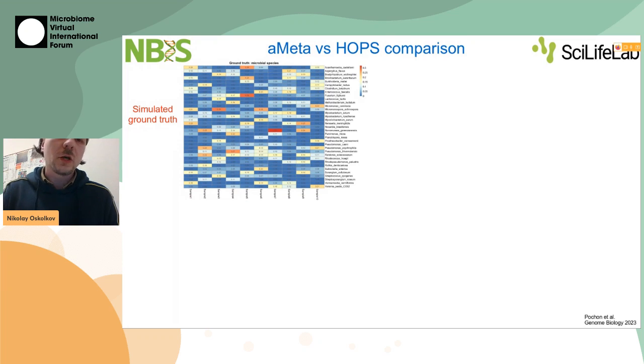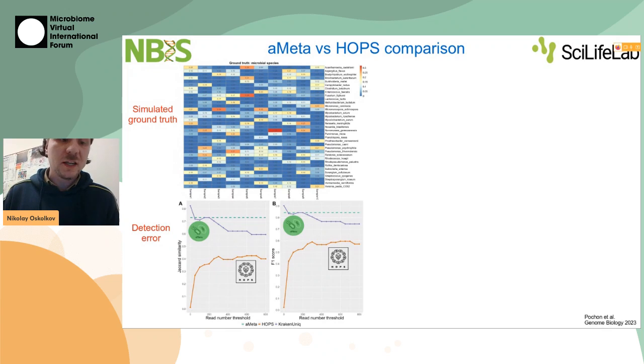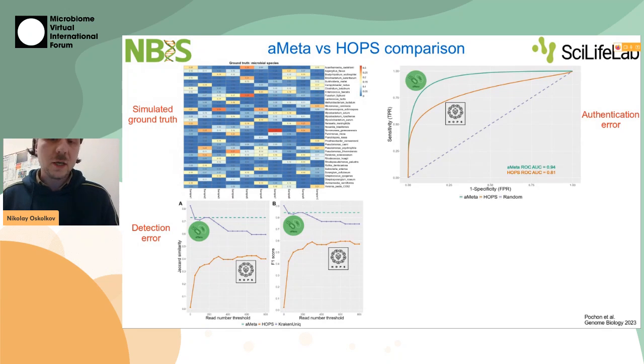So here, what I'm showing is that we simulated ancient microbial sequences, so this is a ground truth that we simulated. We knew how much of each microbe was put in each sample, and we tried to reconstruct this microbiome, and we compared aMeta versus HOPS in terms of detection and authentication accuracy.